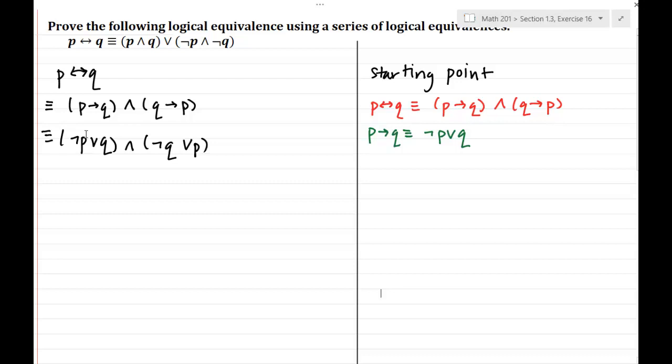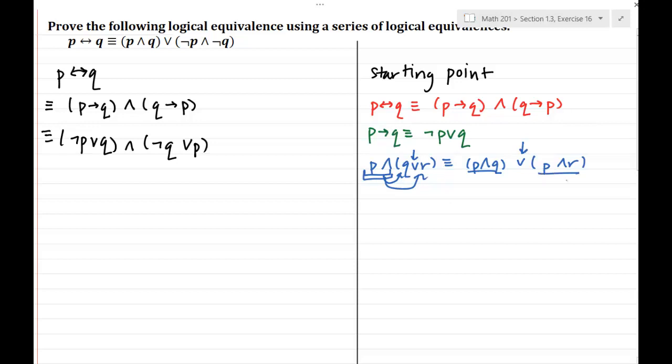All right, hopefully you did that and it made sense. And so now let's think about this. I'm going to use distribution. P and Q or R is logically equivalent to P and Q or P and R. So I took that P and put it on the Q, separated it by an or, took that P and put it on the R. Notice you can distribute from the right or the left.